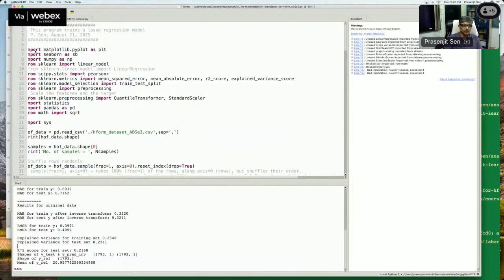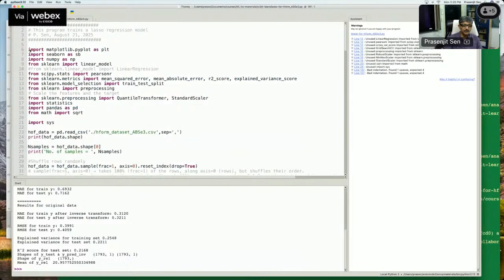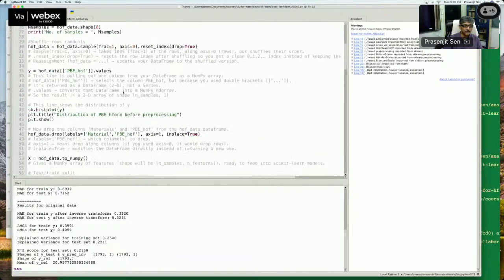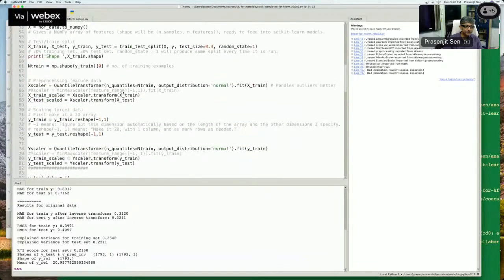So we import all the necessary libraries from scikit-learn, etc. Because I have imported the linear model, Lasso is sort of part of that. So I'll show you just that part.